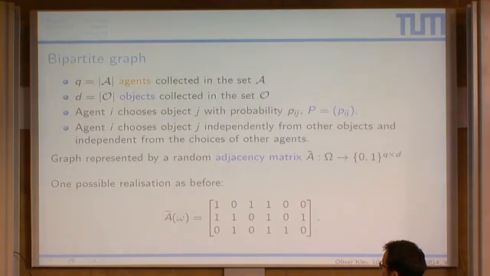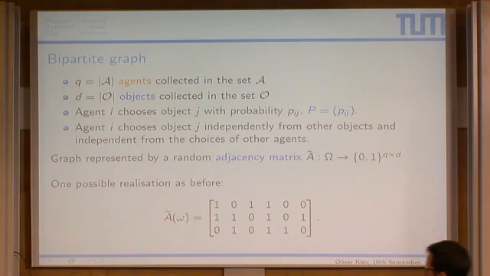Okay. So yeah, we start with Q agents, which are the reinsurance companies, and these D objects, which are the objects to be insured. And an agent i chooses an object j with a certain probability p_ij. And all edges in this bipartite graph appear independently.